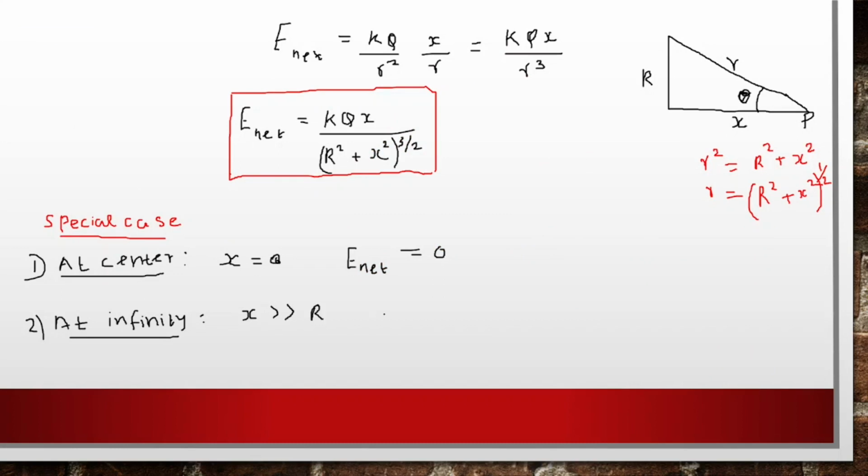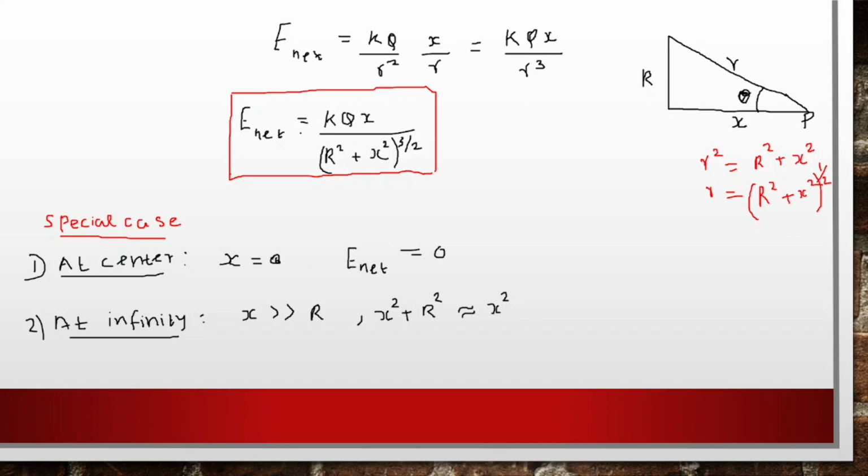So that means we can write x square plus R square doesn't make a change, it is approximately equal to x square, right? For example, if the radius is in 0.1 microcoulomb and our distance x is in meters, 1000 meters, and when we are taking square of that, it doesn't make a change when we are adding this R with x square, right? So we can approximately write this term as x square.